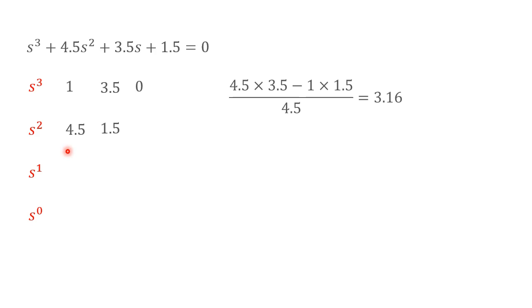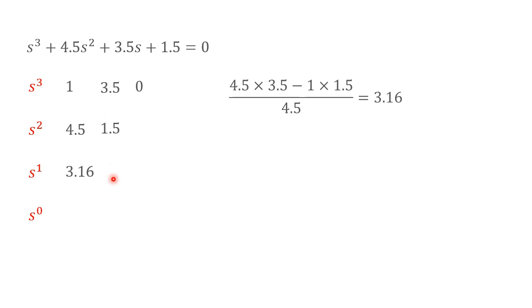For this place, as I've told you, I have to take the minus of the determinant of these 4 terms divided by 4.5. So minus of determinant, taking it from the inverse side, which is 4.5 into 3.5 minus 1 into 1.5 upon 4.5. By calculating it, we are getting 3.16. You can calculate it. So here we will get 3.16.